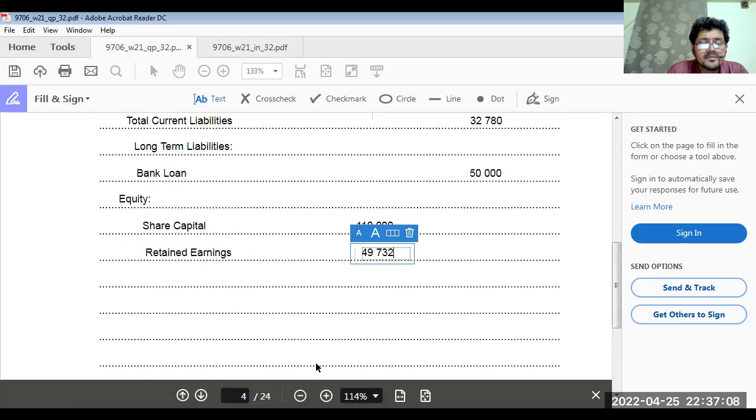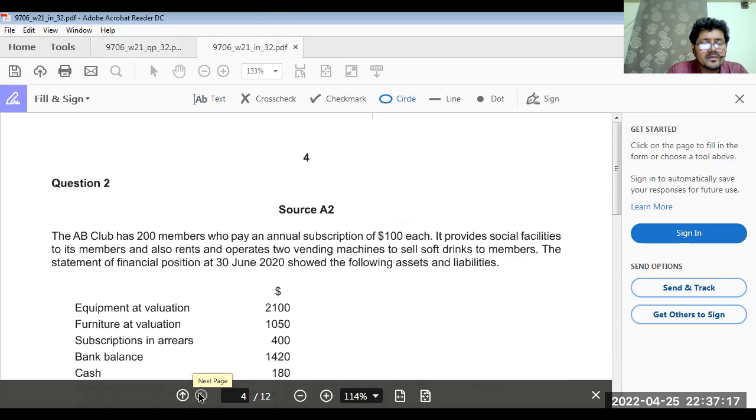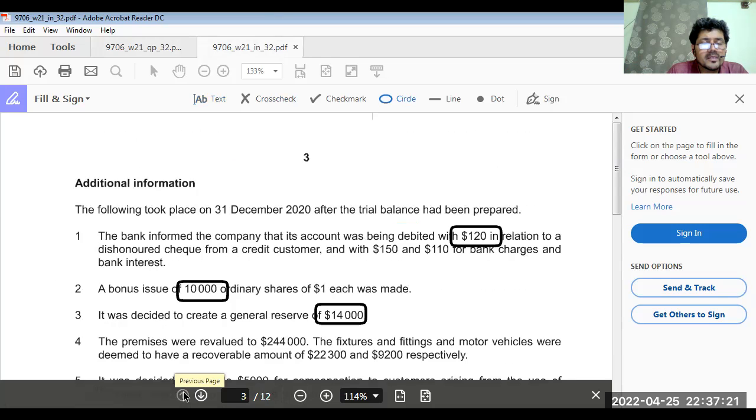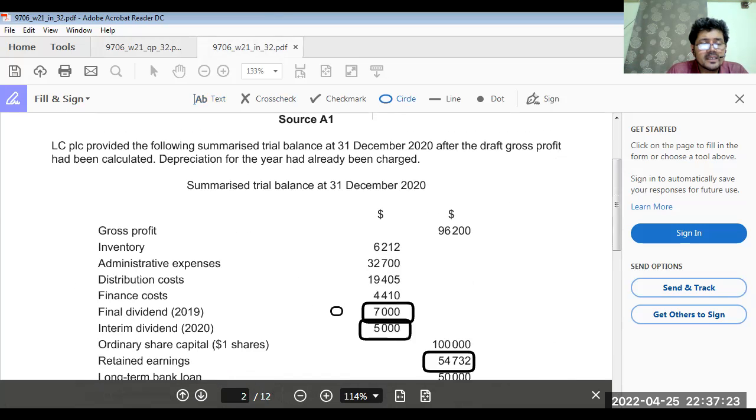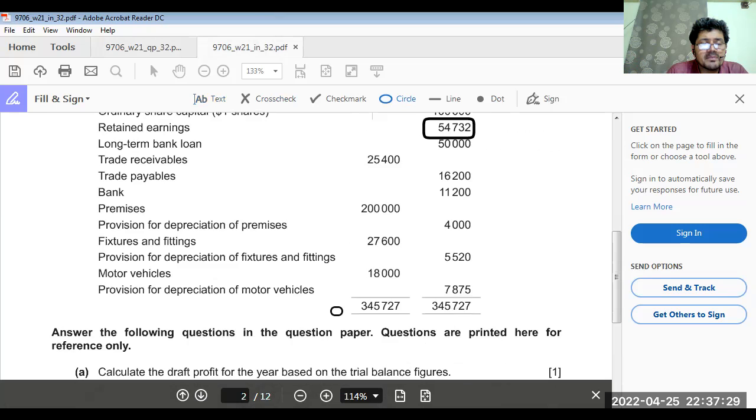Okay. What else? Final dividend, share capital, retained earnings, receivable, bank, premises.